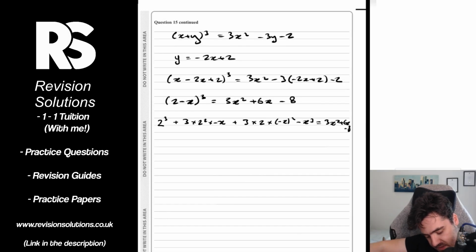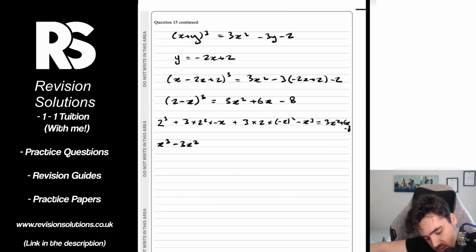So simplifying this, we've got a minus x cubed, that's the only x cubed term, so we'll move that to the other side to make it positive. Then the x squared terms, we've got a 3x squared here, but we've got a 6x squared here, so subtracting that to the other side will leave us with minus 3x squared.